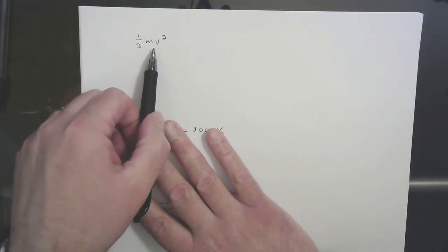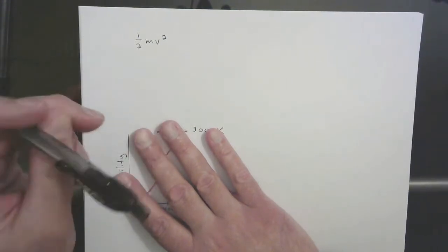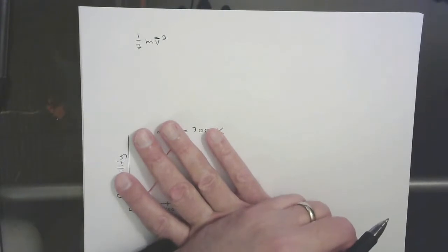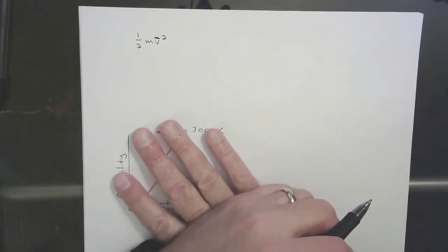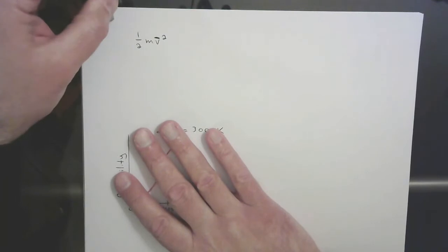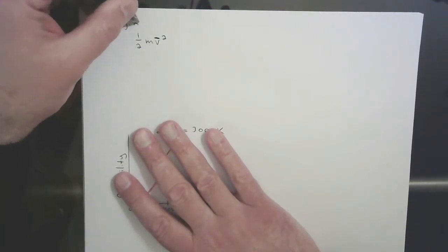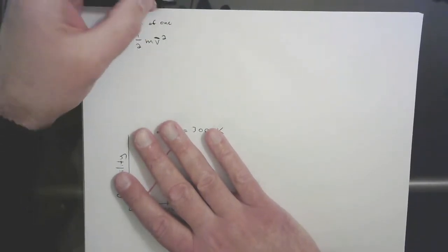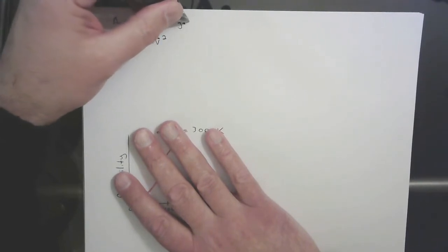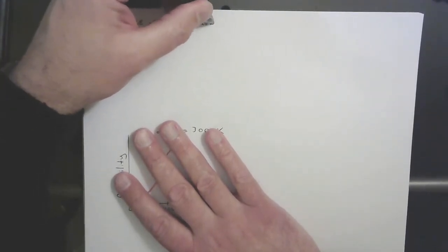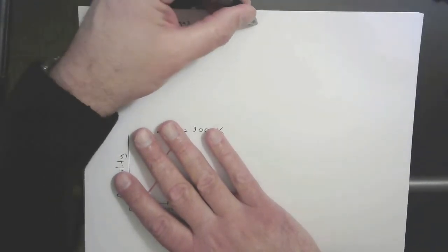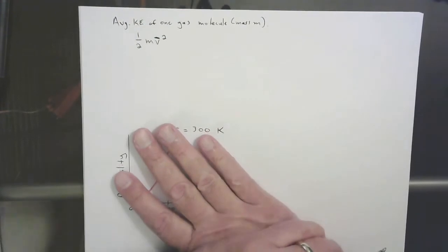And then we want the average velocity, so let's mark a little bar on top of that v there. That'll indicate average kinetic energy of one gas molecule of mass m. There we go. So that's what that is.